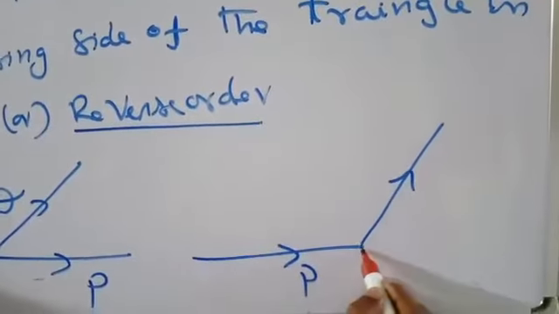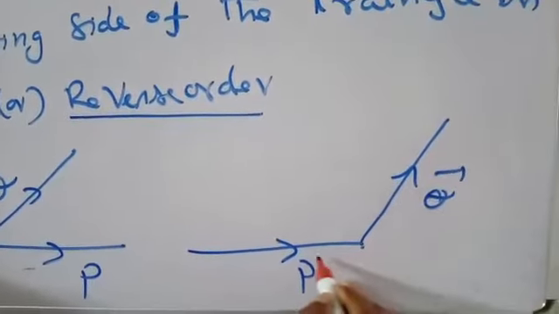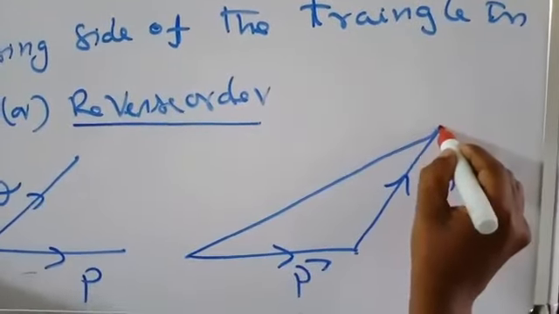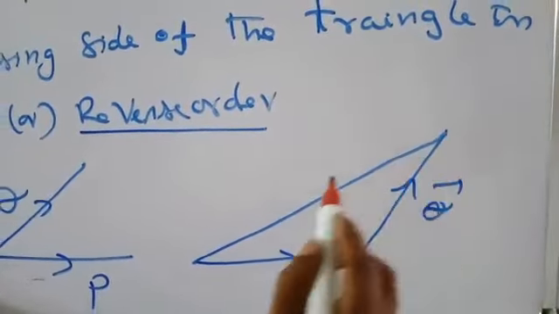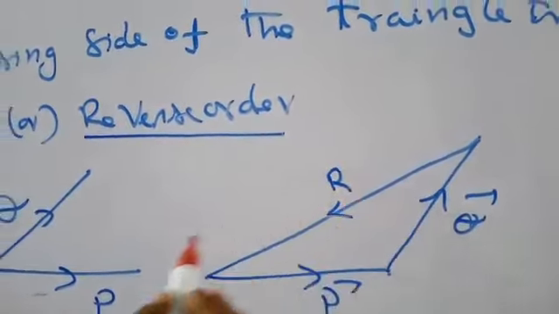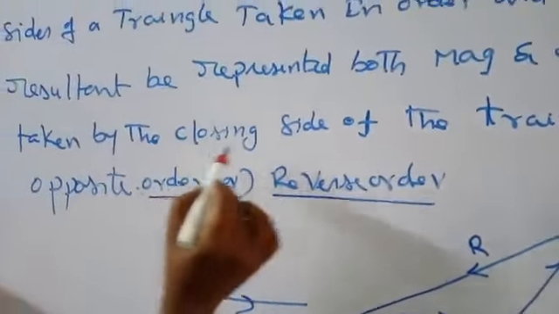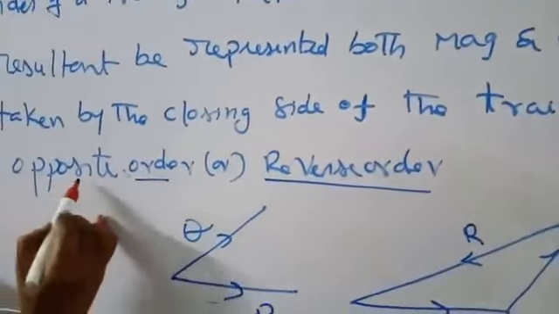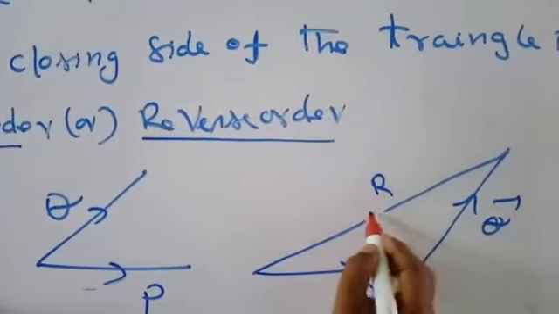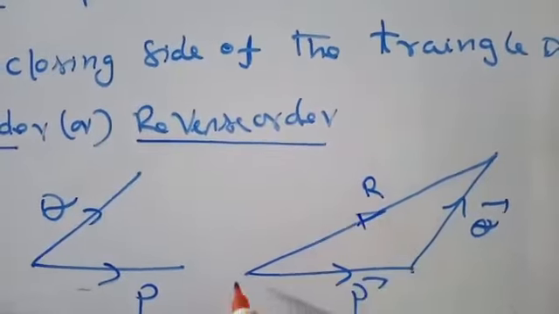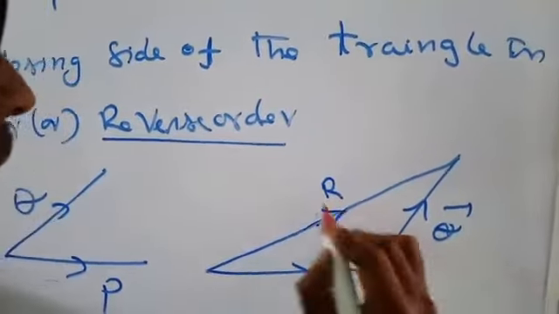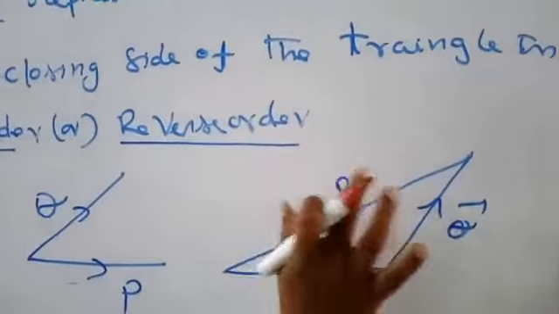This is the resultant, the closing side of the triangle in reverse order. The resultant is in the opposite direction of P bar plus Q bar.